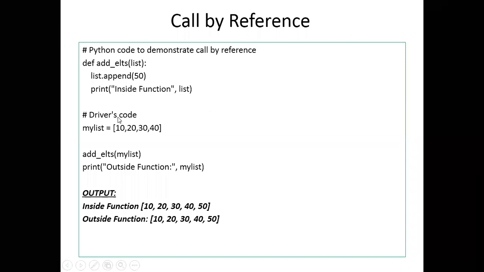But in call by reference, even when you have a value inside or outside, when you make an addition to it, it gets changed, and those changes are reflected for your future as well. Inside the function you try to append one more value to your original content, and there it was updated, and when you come outside and print, the values were updated there also. So this is what is called call by reference. All the mutable objects bring in the property of call by reference.